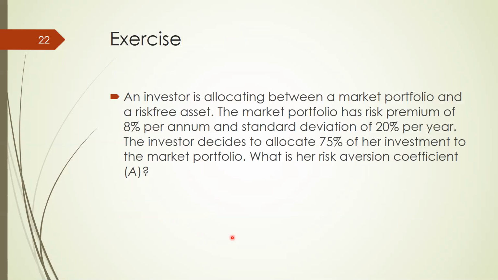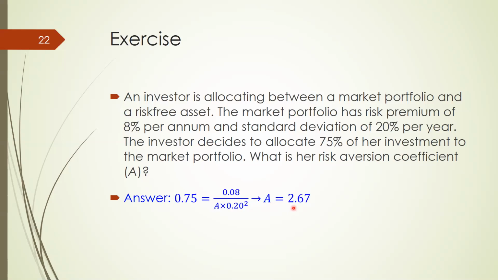If you are instead given the allocation of 75% and other parameters, you can also infer the risk aversion coefficient by solving for A backwards using the same equation. Right? So in this case, solving for A gives 2.67.